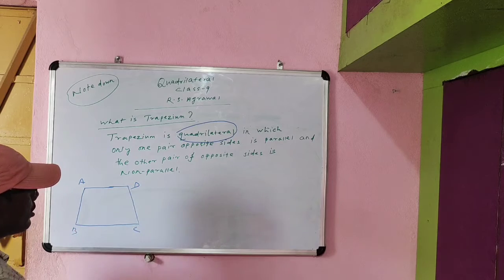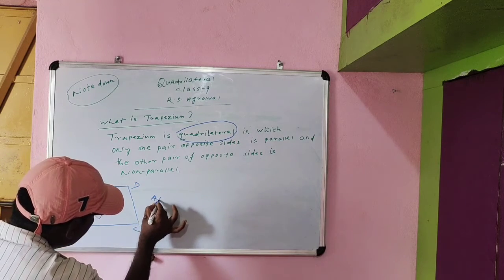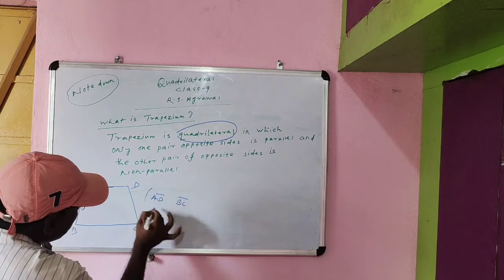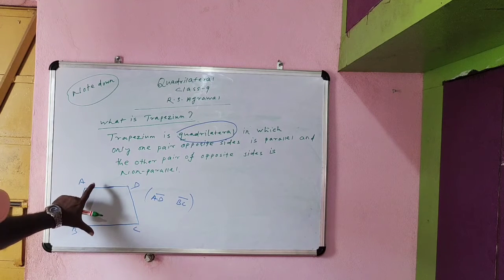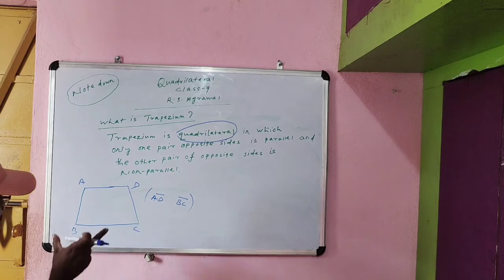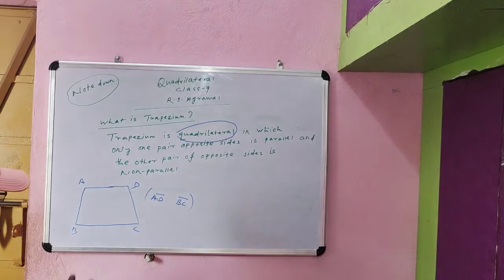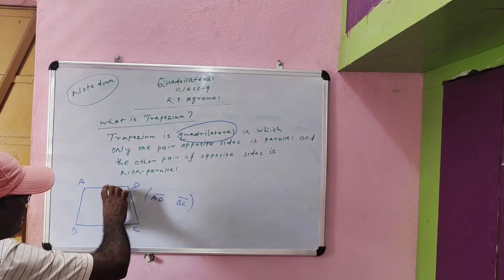In this quadrilateral, we see that AD and BC are a pair of opposite sides, and the other is the other pair of opposite sides. So we see that only this pair is parallel.